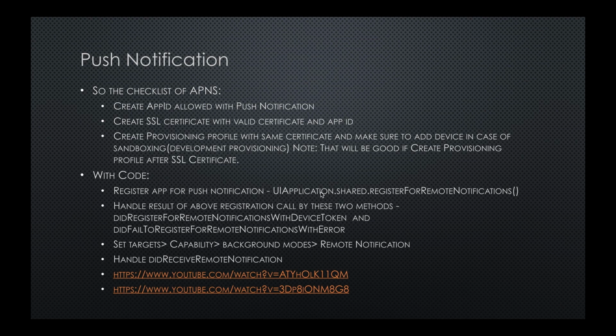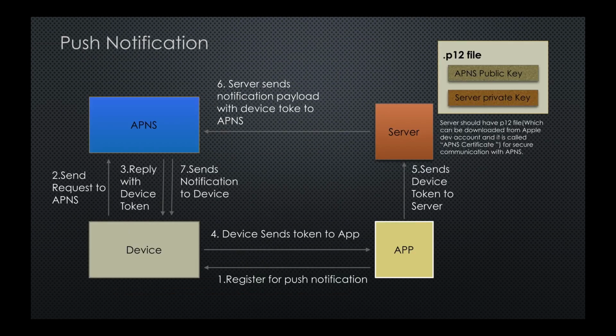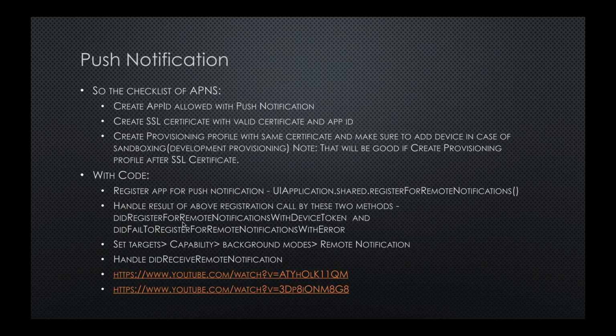So to do that you have the UIApplication.shared.registerForRemoteNotifications function, and then after registering you have to handle it. As I showed over here, once you register, Apple sends you a device token. So to handle the device token you have two methods.